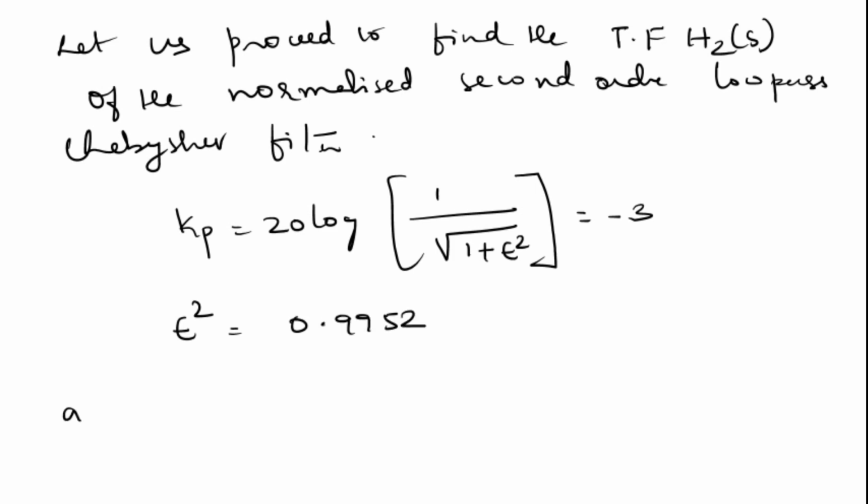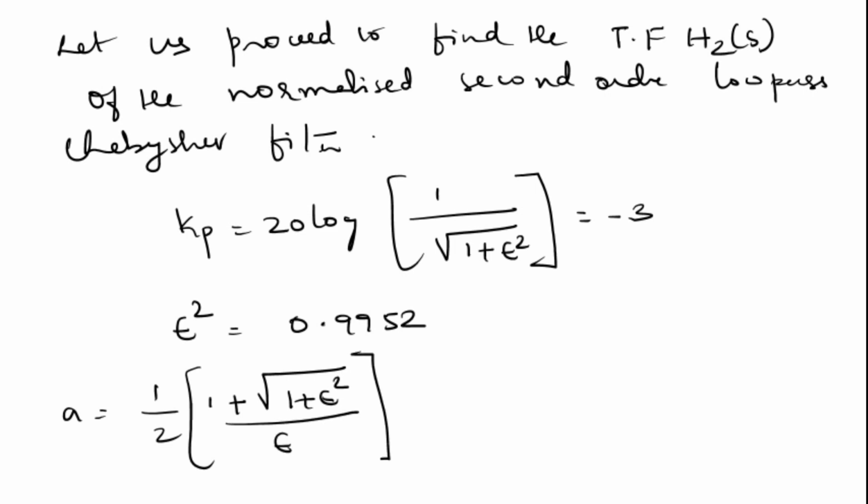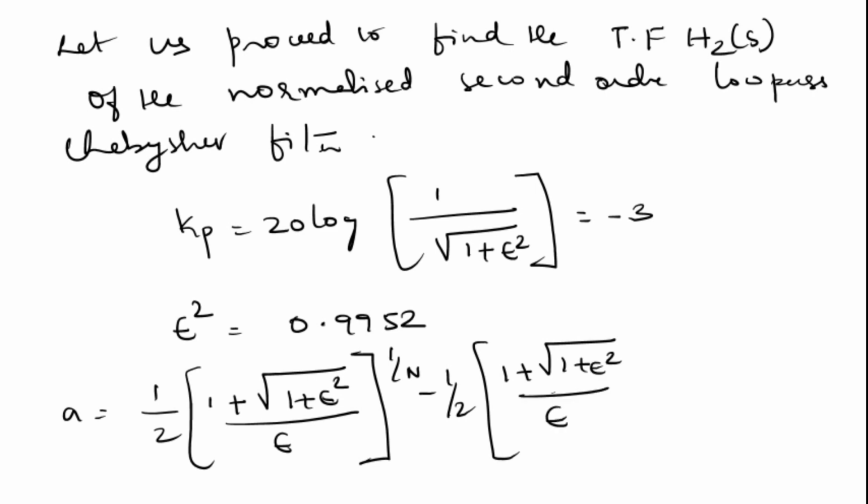Then A is equal to half into ((1 plus root of 1 plus epsilon square) divided by epsilon) to the power 1 by n minus half into ((1 plus root of 1 plus epsilon square) divided by epsilon) to the power minus 1 by n, which is equal to 0.456.